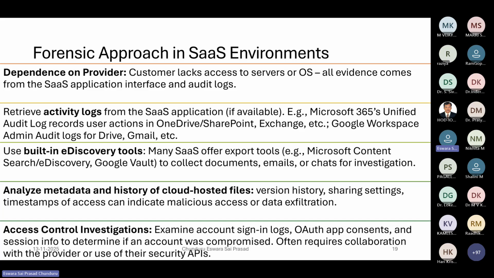Because he was able to access it with administrative privileges, he created multiple user accounts, and then using those user accounts, he escalated them to admin accounts, and using those admin accounts, he tried to access critical resources, and he tried to access the golden ticket. Sorry, not golden ticket, it is a silver ticket.